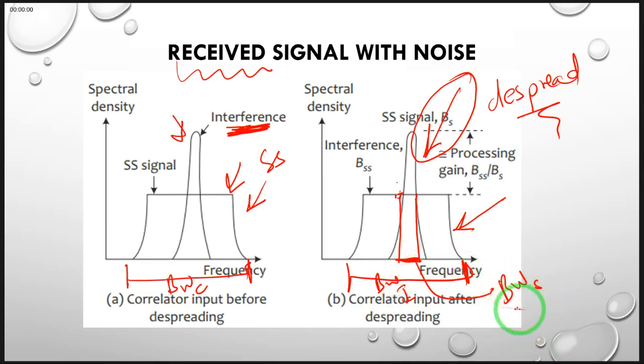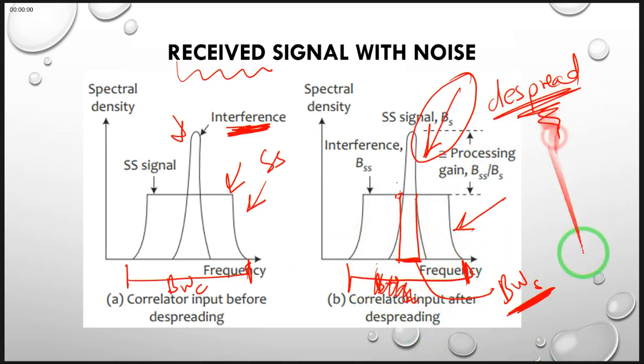So you are going to apply a bandpass filter that will just limit your received signal to the bandwidth BWC. And therefore, the one that is coming from the interference is cut out because it has already been spread by the second spreading code. So we have said that the filtering action that we perform at this stage removes the interference signal or reduces its effect to very minimal levels.